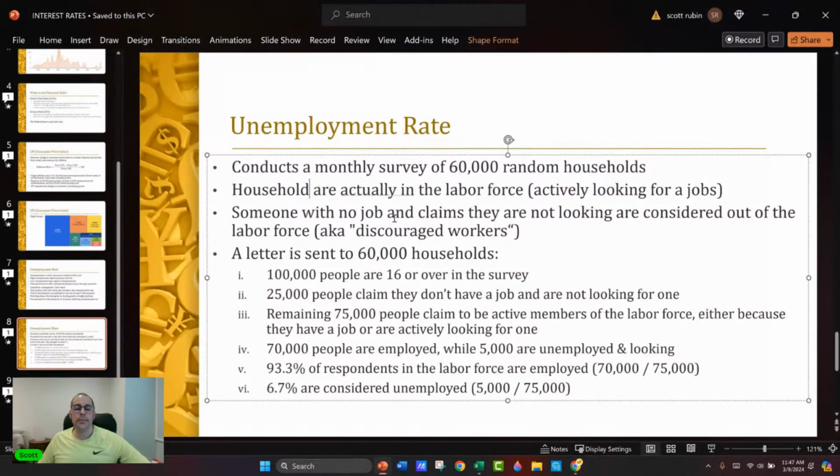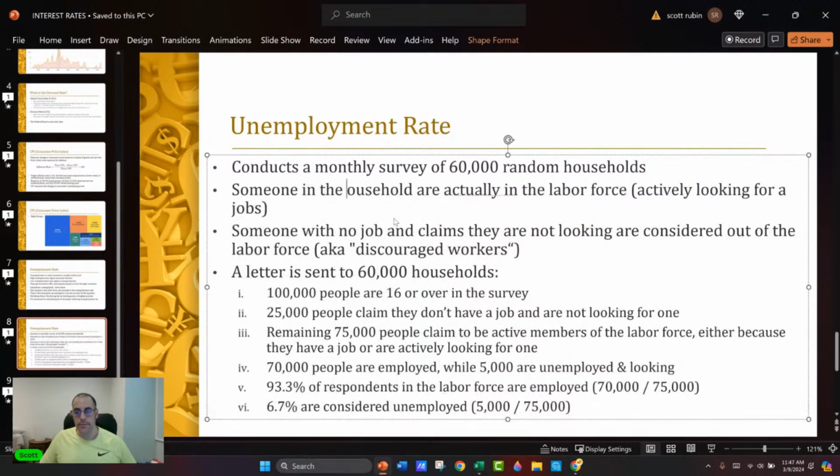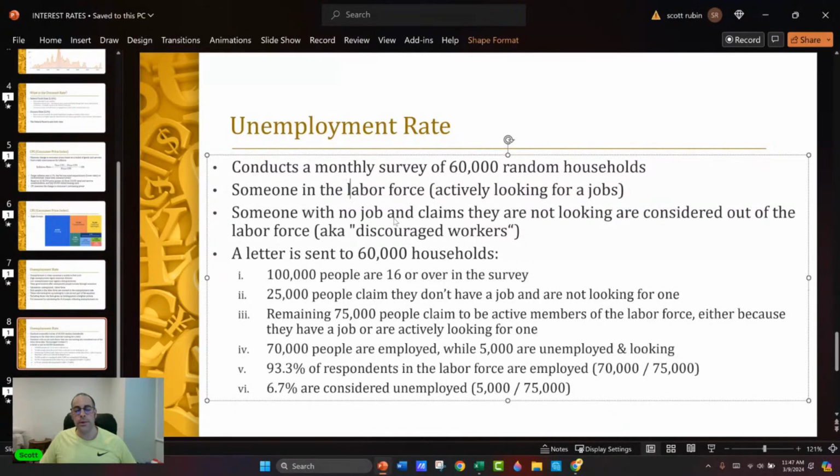And then the households. Okay, so let me rewrite this. Someone in the labor force is defined as actively seeking a job.